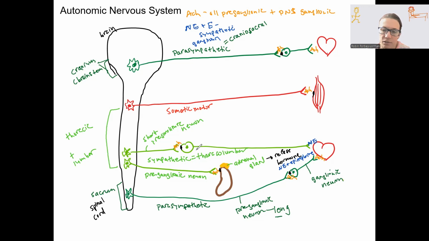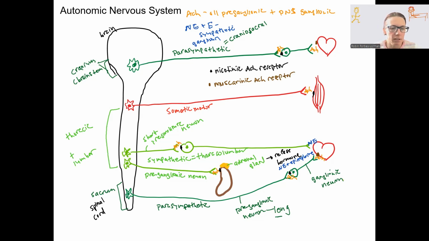So wherever I have a black, we'll just label it now. That's a nicotinic ACh receptor. Here is going to be a different ACh receptor. Let's just label it now. Muscarinic ACh receptor.